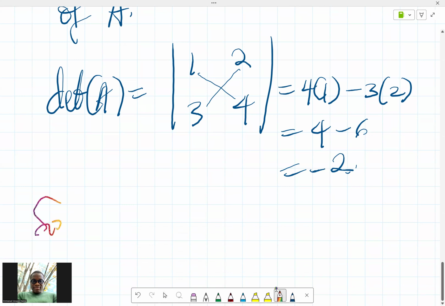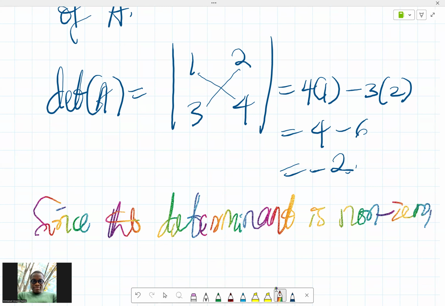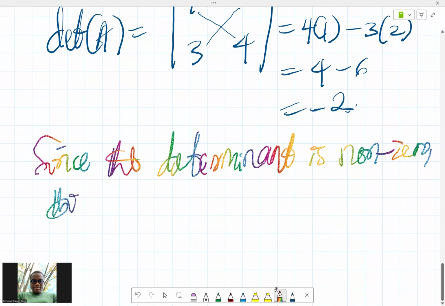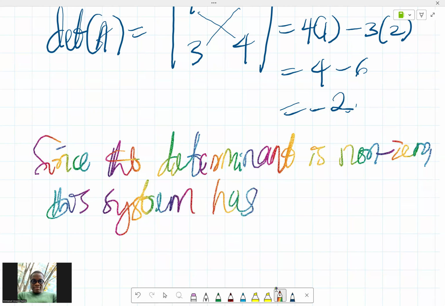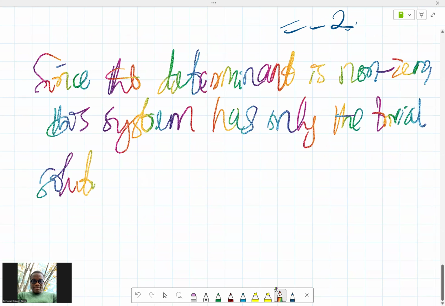Since the determinant is non-zero, this system has only the trivial solution, x1 equals 0 and x2 equals 0.